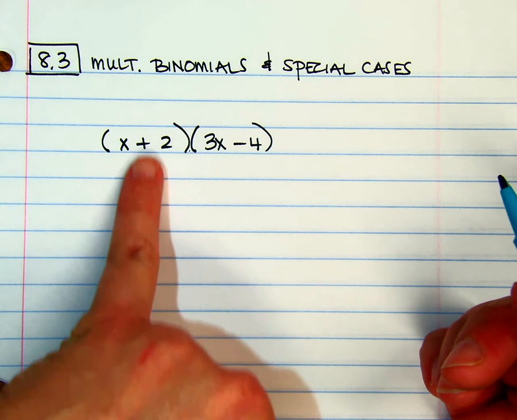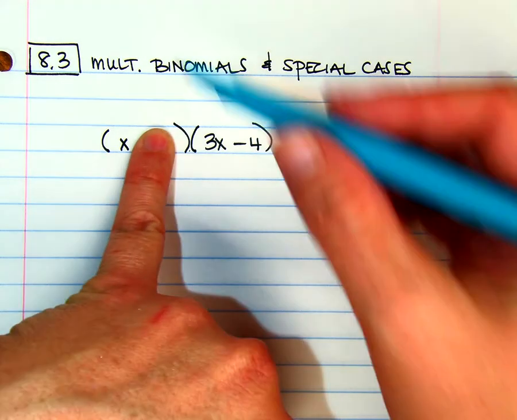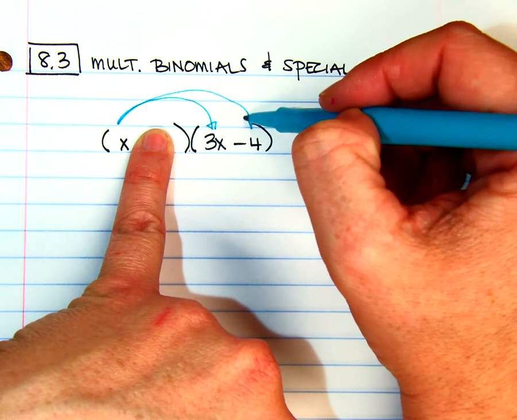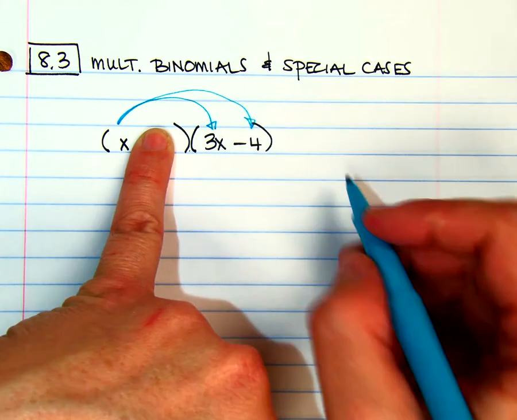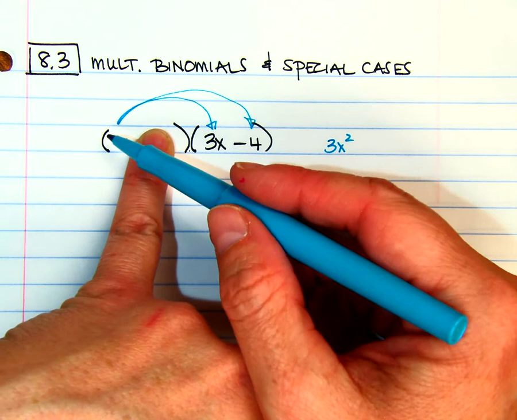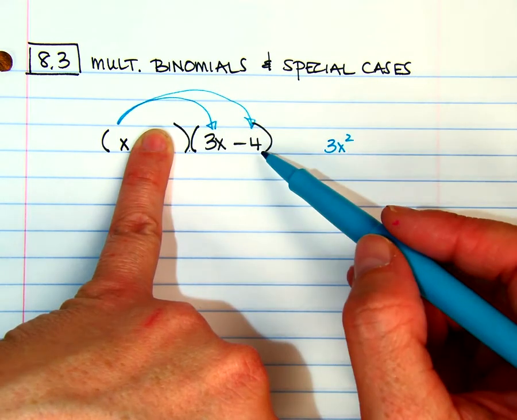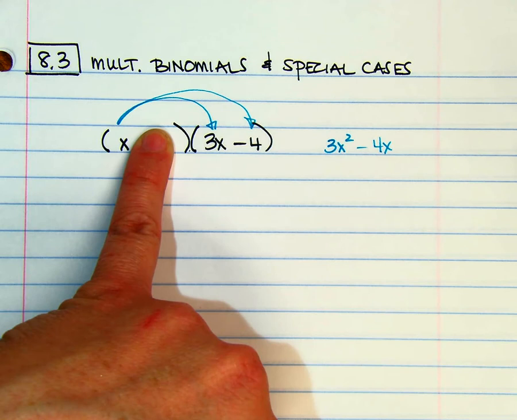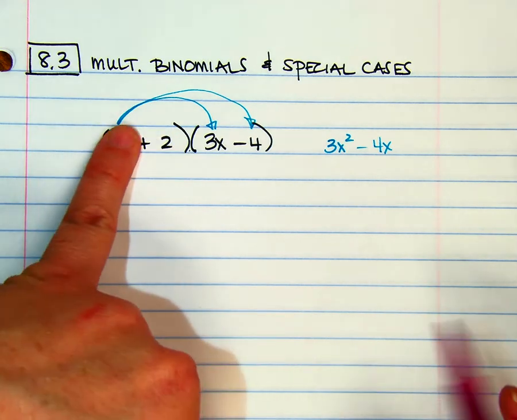So I'm going to cover up my 2, and I'm going to do my distributive property. x times 3x gives me 3x squared. x times a negative 4 gives me negative 4x. And now I'm going to do my other term of a positive 2.